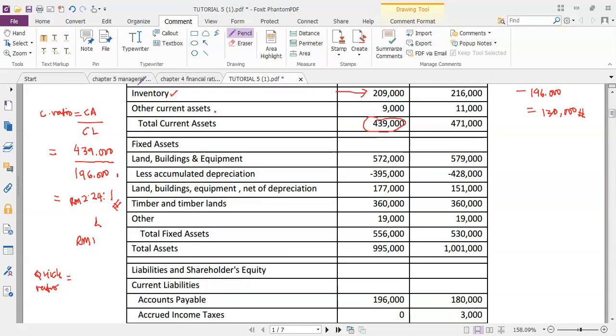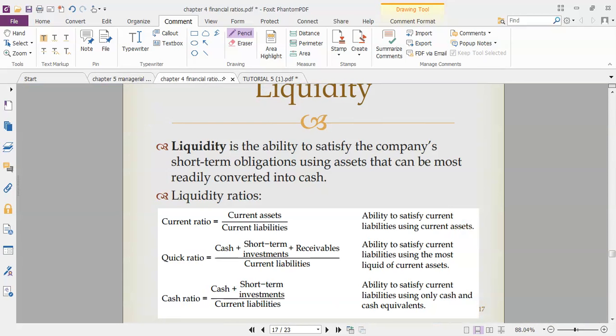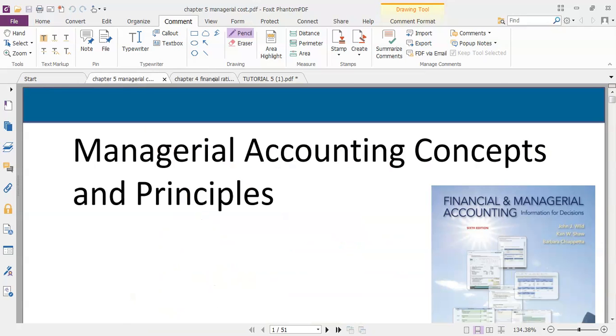So I have another formula that we always use to get the quick ratio: cash plus receivables minus inventory. Cash plus account receivable or any short-term investment, minus inventory. So let's look here.